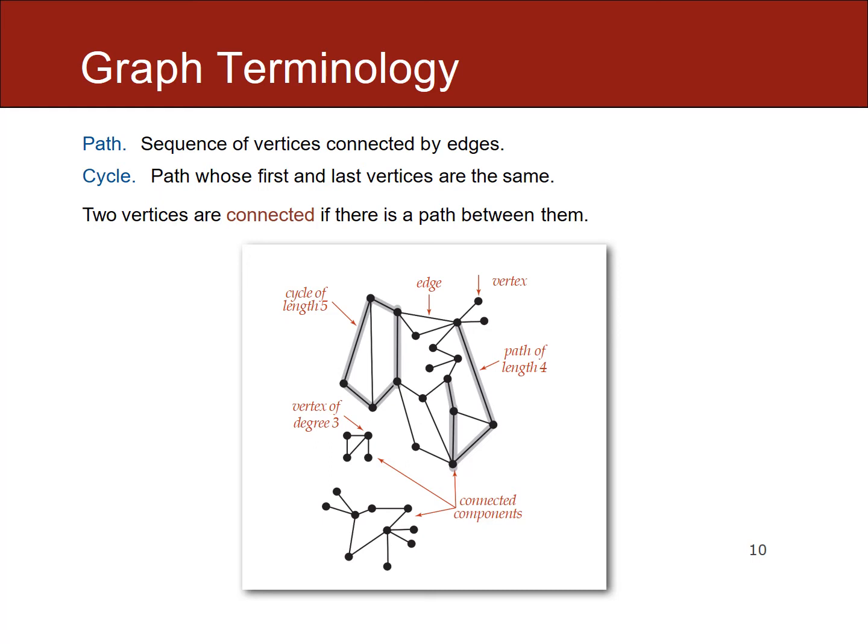When I say connected, it means that it's possible for me to go from any vertex to any other vertex. If so, I call that a connected component. So these are the few terms, the degrees and so forth, you are comfortable. The terminologies are edge, vertex, path, cycle, and then the components.